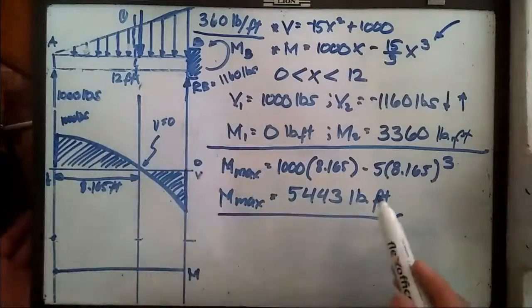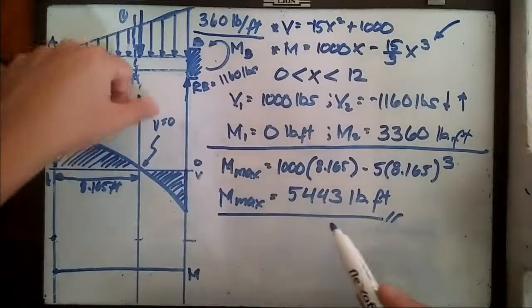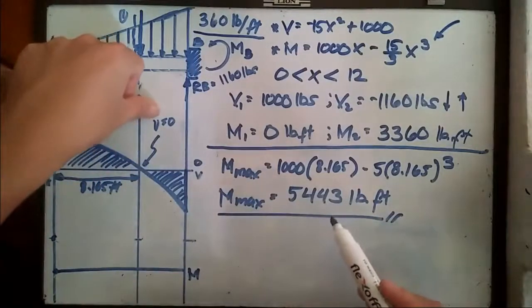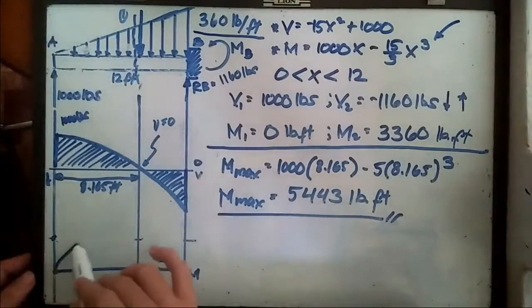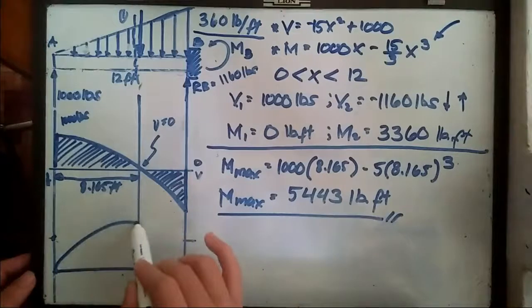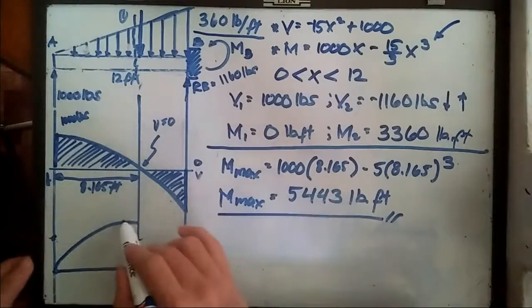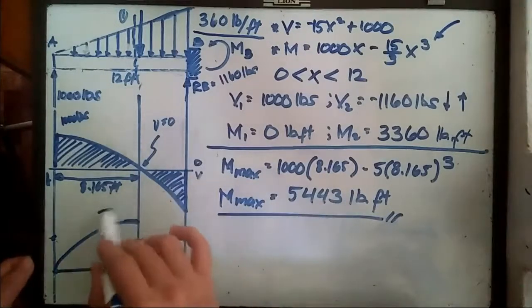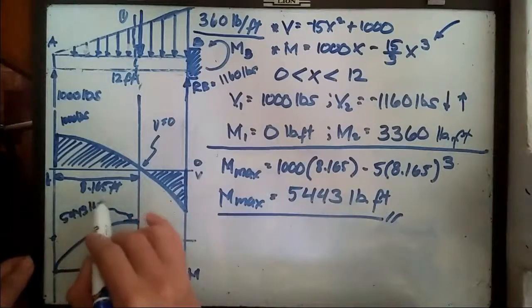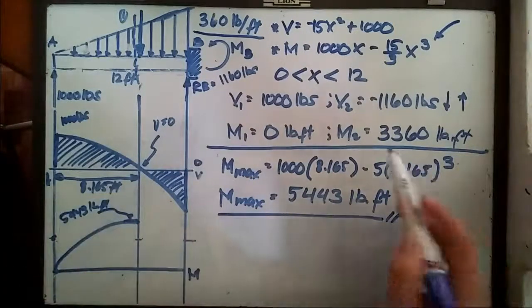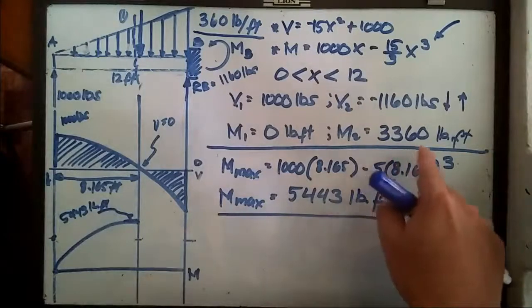So it should be going to 5,443 pound foot. And where can we find that? Where the shear load or shear force is equal to 0. So we're going to climb up to 5,443. Okay, this portion, that is 5,443 pound foot. And let's go down to 3,360 pound foot.